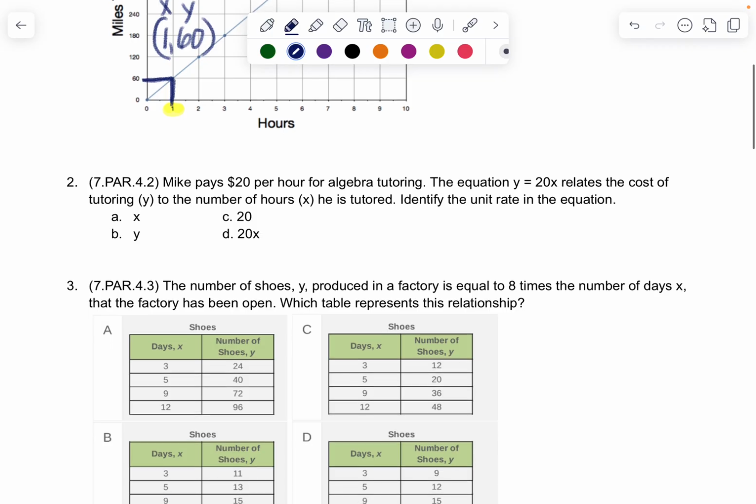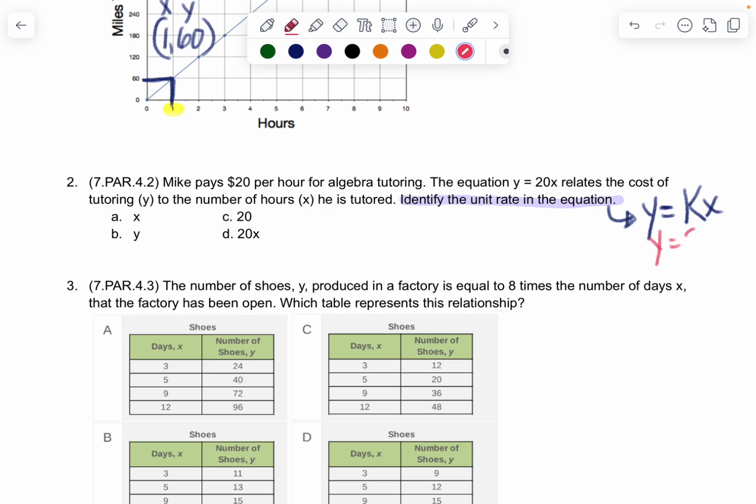All right. Mike pays $20 per hour for algebra tutoring. The equation Y equals 20X relates the cost of tutoring Y to the number of hours X he tutored. Identify the unit rate in the equation. So now when we see the word equation, we've got to tell ourselves Y equals KX. So I'm going to come up under that Y equals KX and write the equation that's in the problem.